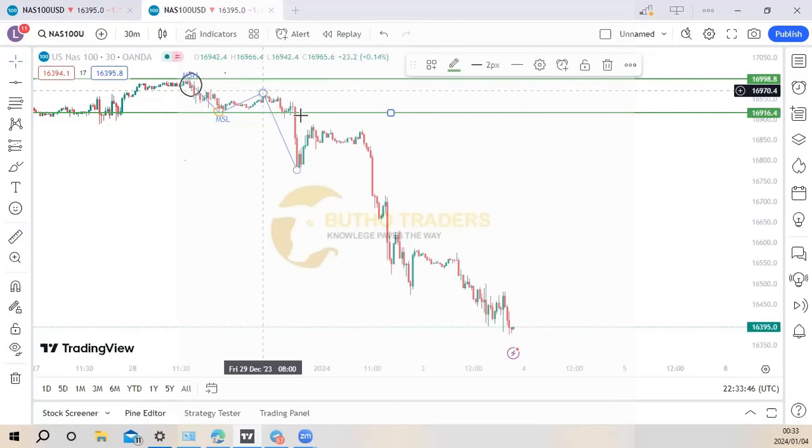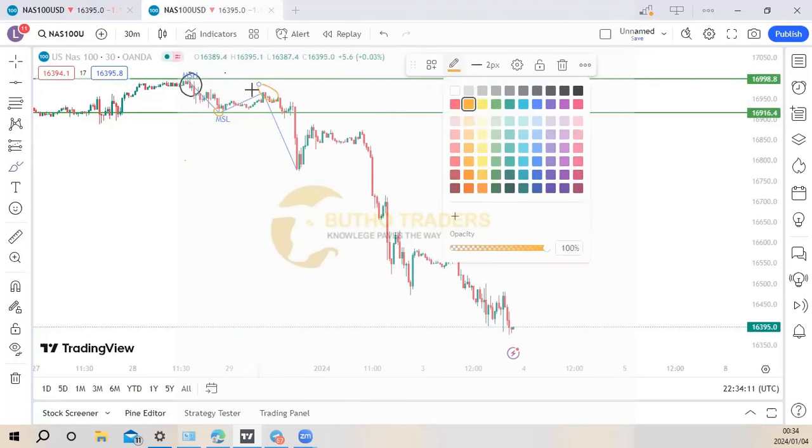So now, automatically, when it breaks this line, when it breaks this major swing low, it automatically approves this one as a major swing high. This one is a major swing high. So now we have our major swing high there.